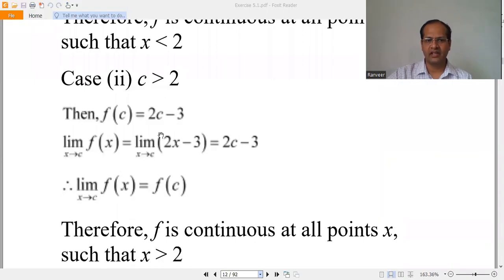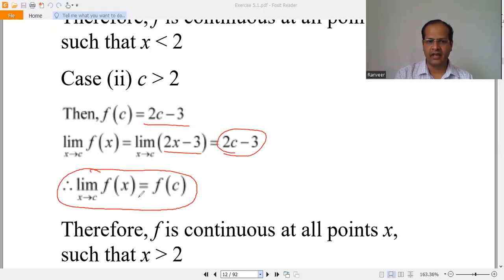That is 2c minus 3. So at the point c, the value is 2c minus 3 and the limit as x tends to c of f(x), we just substitute the value, that is 2c minus 3, equals f(c). So the function is continuous at all points.